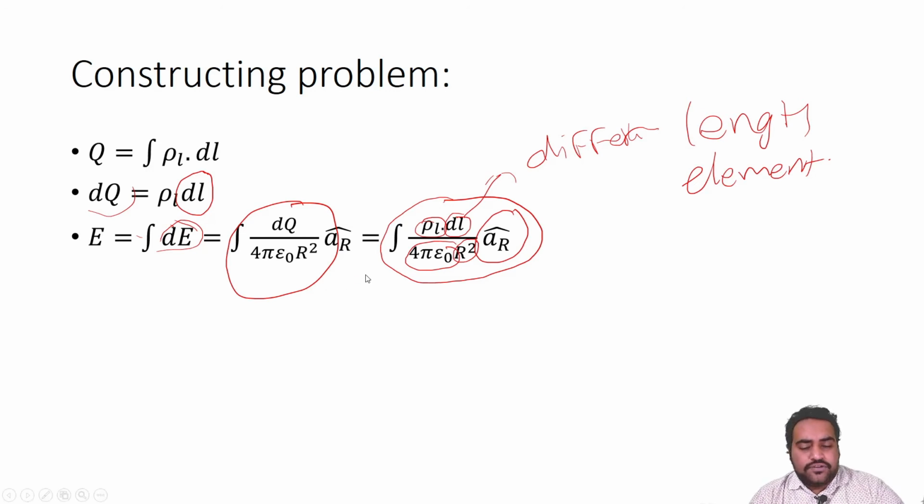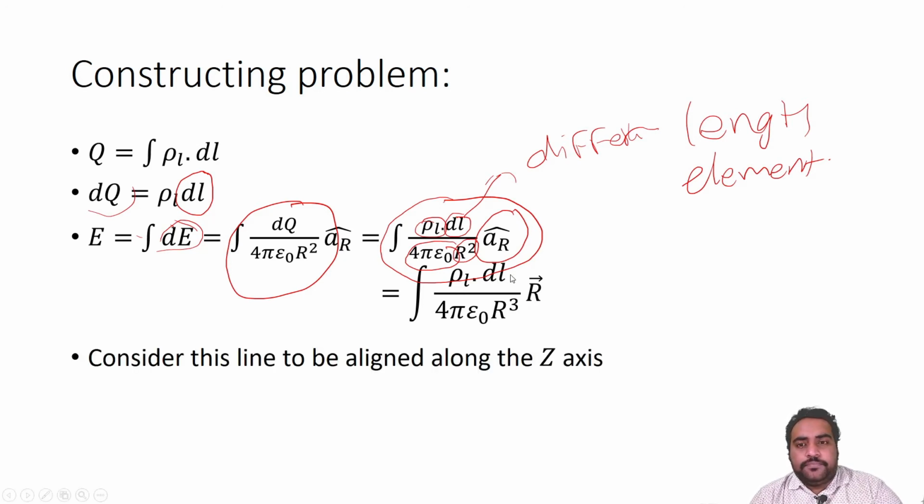So let us look at the geometry of the problem. Again, this ar by r square can be equated to R bar by r cube. So to solve the problem, let us consider that the line is aligned along Z axis. So if it is aligned along Z axis, then dl is dh.